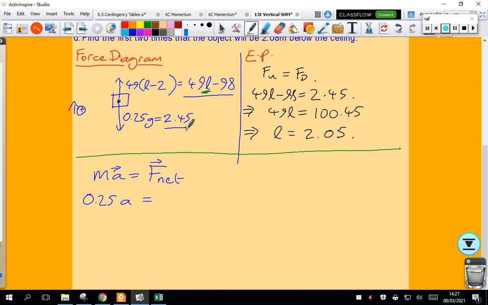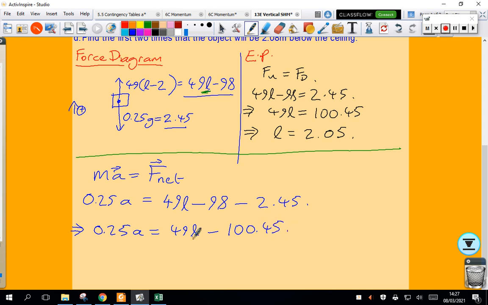So the net force is going to be 49 times the actual length minus 98. That's my up force. Subtract my down force of 2.5. So simplifying there, we get 0.25 times the acceleration is 49 times the actual length minus 98 minus 2.5, that's 100.45.